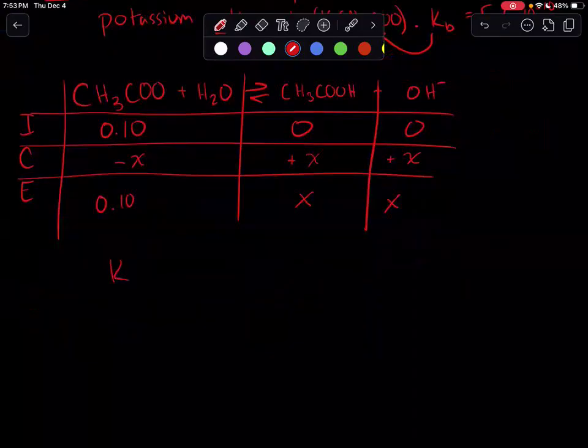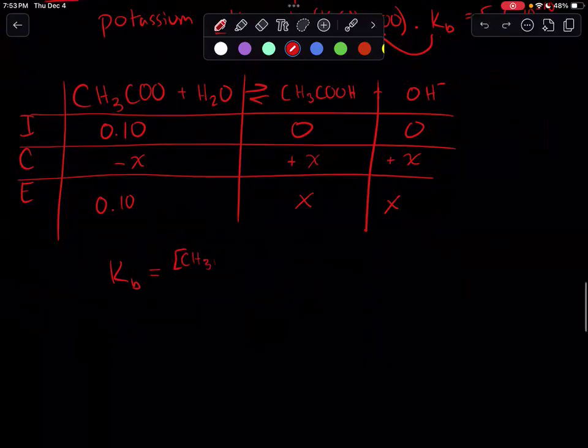Setting up my equilibrium constant equation, I can see that I have the concentration of ethanoic acid times the concentration of hydroxide, divided by the concentration of ethanoate, CH3COO minus.